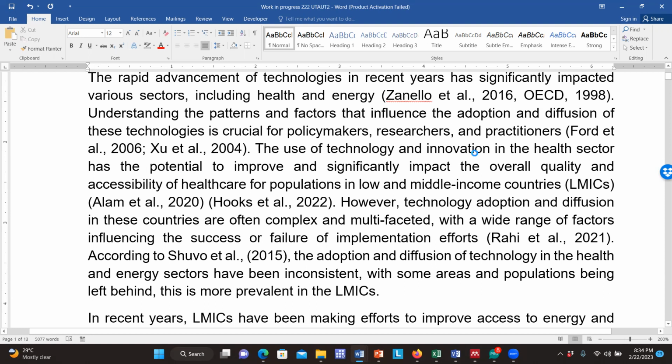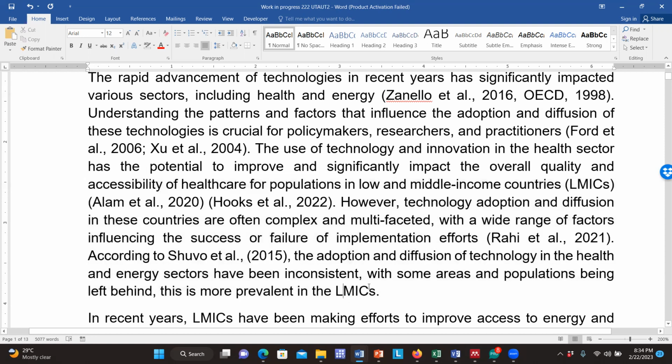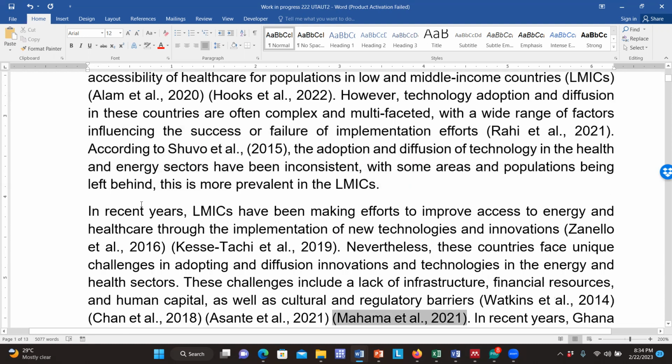So you talked about health here, energy was not here, but the sentence has ended. And then now the next paragraph, you now introduce energy. When energy was not mentioned, the link back in the MEAL is not here, right? Because you introduce energy here. Energy was not mentioned here. Okay.